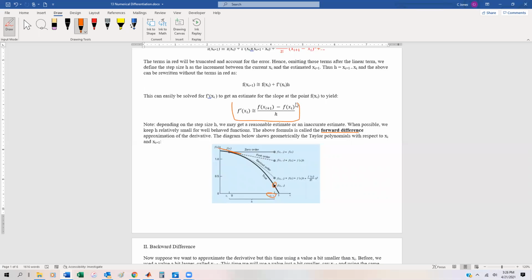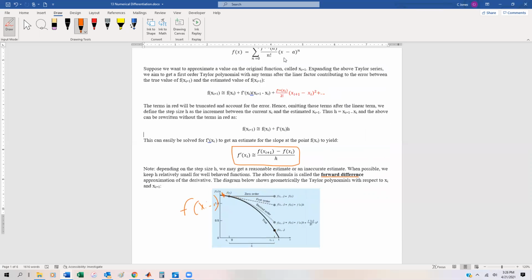So we're going to hold on to this. Now, what if we wanted to use a backward difference? In other words, instead of using the next x, we could use the previous x. So maybe right here might be f(x sub i minus 1), the previous point. We would go through the exact same steps as above, expanding the Taylor polynomial, except it would be x sub i minus 1 here.